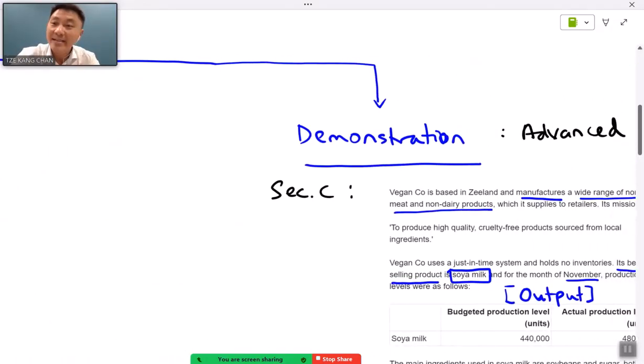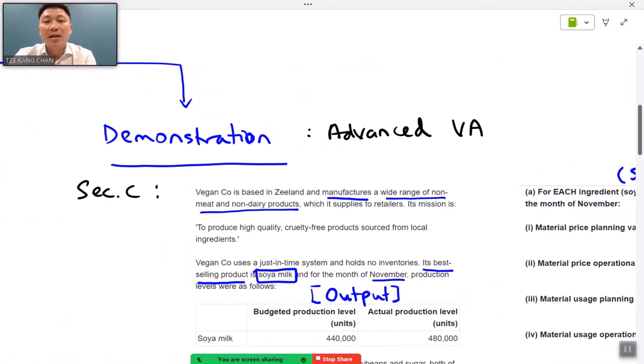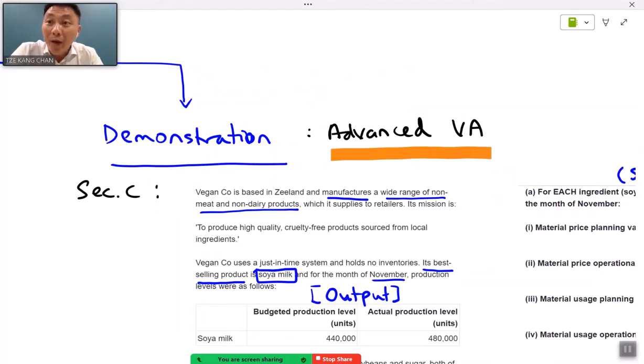Let's take a look at some demonstration with the following example, showing the ways and processes of developing the planning and operational variances further from the basic version of the variances. The following is a question that appears in Section C of the Performance Management examination.